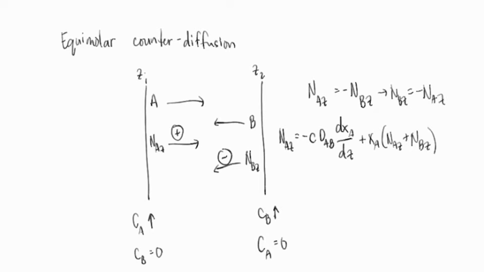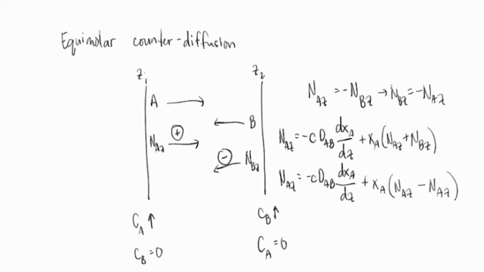We can substitute this into our general equation in order to simplify it, and this will just be in terms of N_AZ. We have N_AZ is equal to negative C D_AB dx_A over dz plus x_A times (N_AZ minus N_AZ). We are substituting N_BZ with negative N_AZ.